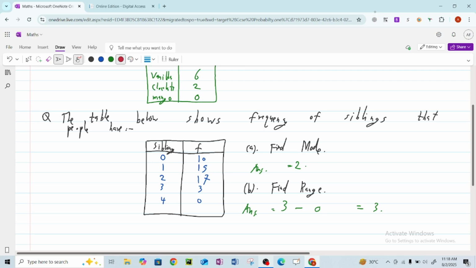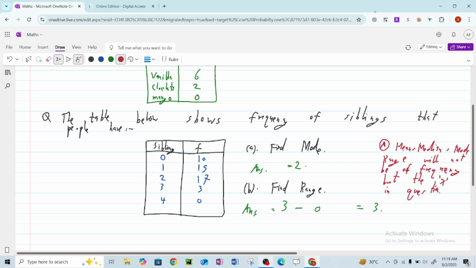So always remember, you're not going to take the frequency. Let me also write that over here. Mean, median, mode, range will not be of frequency but of the x in the question.